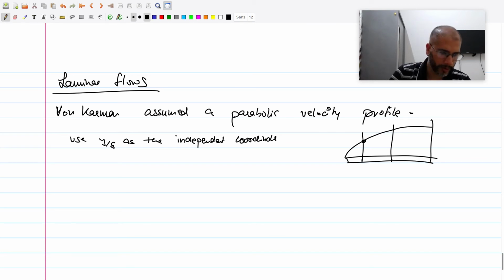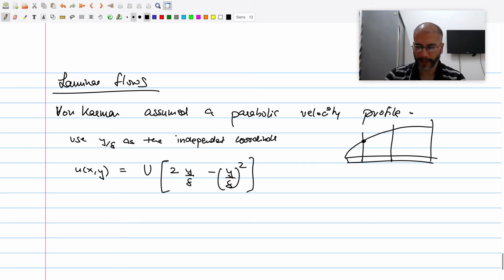Using this, von Karman got u as a function of x and y given as parabolic: u equals U times 2 times y by delta minus y by delta squared. So this is parabolic in y by delta. We can check.